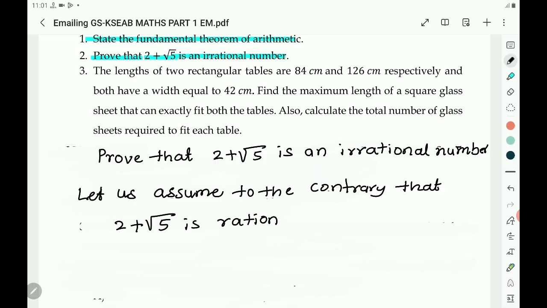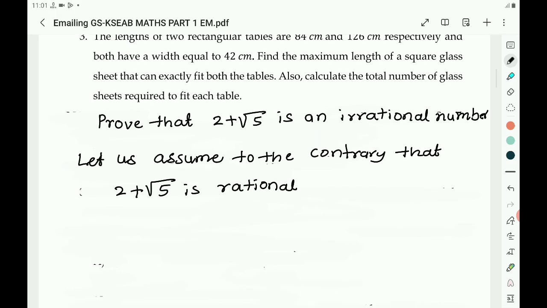If it is rational, you can express this in the form of p by q or a by b. So let 2 plus root 5 equals a by b.